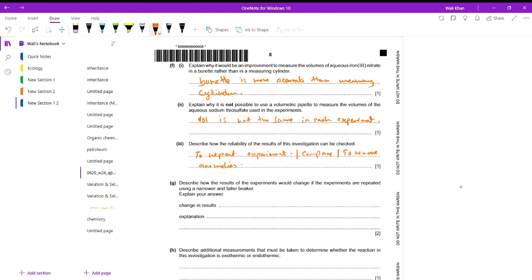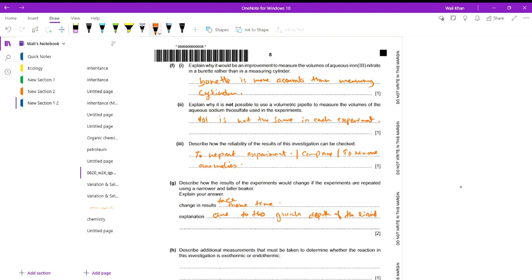Describe how the result of the experiment would change if the experiment were repeated using a narrower and taller beaker. Explain your answer. It would take more time, due to the greater depth of the liquid.